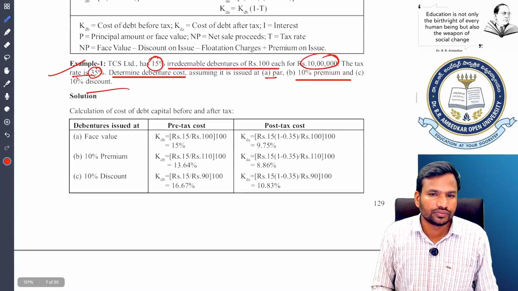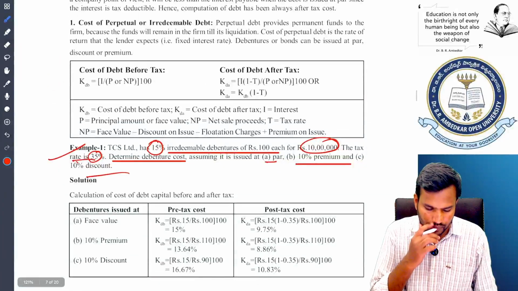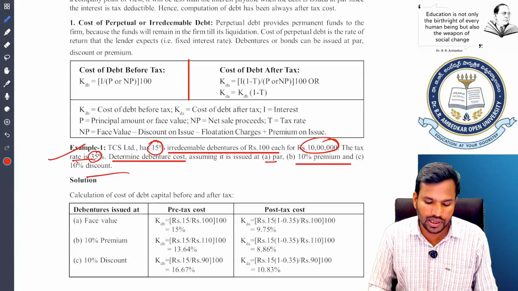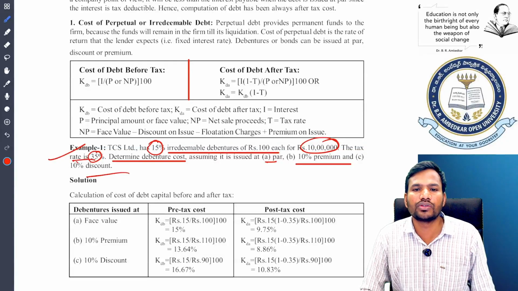How can we decide? According to the formula, cost of debt before tax and cost of debt after tax. Company will get the benefit if the company pays interest to outsiders, meaning debenture holders and bankers.